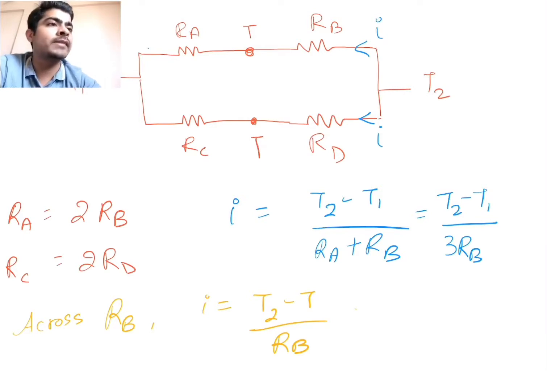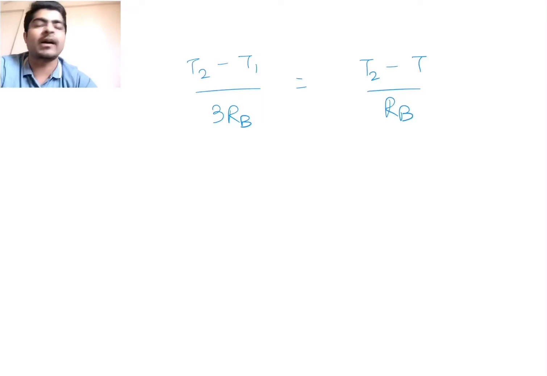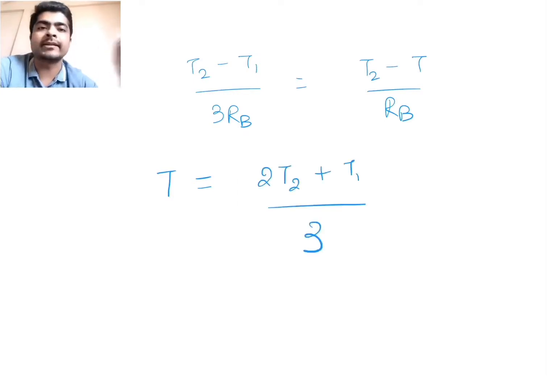So T2 minus T1 upon 3 Rb is equal to T2 minus T divided by Rb. When you rearrange this equation, you will get T is equal to T2 minus T2 by 3, so 2 T2 plus T1 divided by 3. This will be your answer.